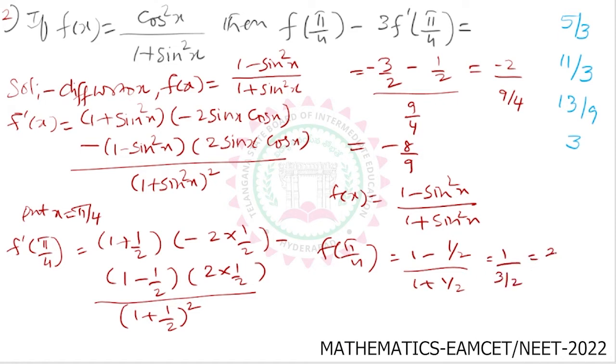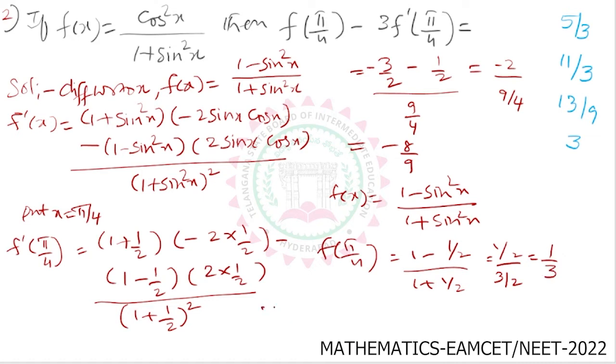So which gives me 1 minus 1 by 2 is 1 by 2, by 3 by 2. This is 1 by 2 by 3 by 2. So 2 cancels 2, which gives me 1 by 3.